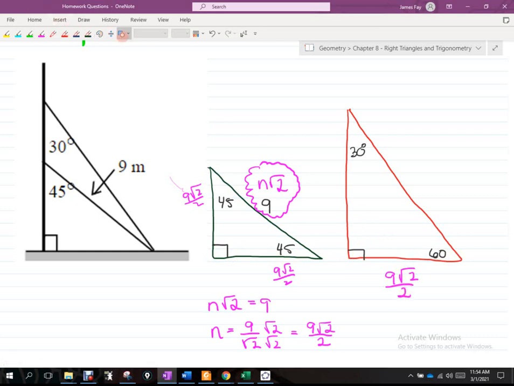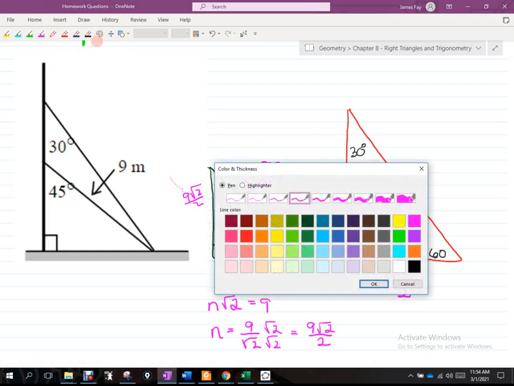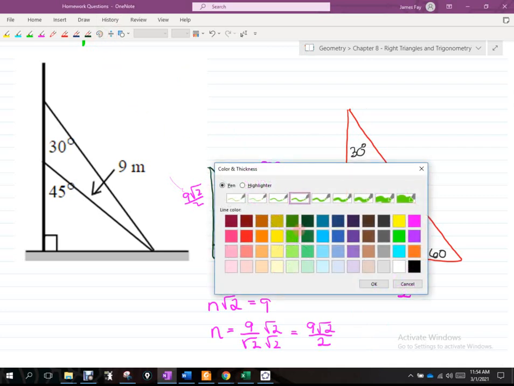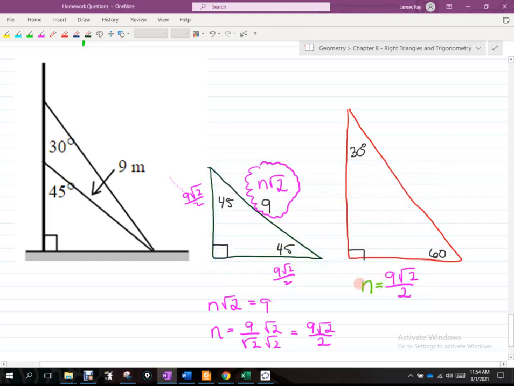Okay. Now, if I'm working in a 30, 60, 90 triangle, across from 30 degrees is your n, your smallest side.